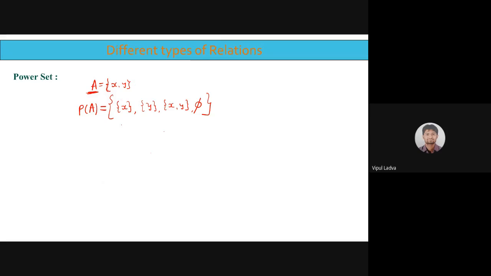Now, think about the cardinality of set A. Set A was having two elements, so cardinality of set A is 2. But if you think about the cardinality of the power set of set A, observe here: 1, 2, 3, and 4. There are 4 elements lying in the power set of set A. So cardinality of the power set of set A is 4.